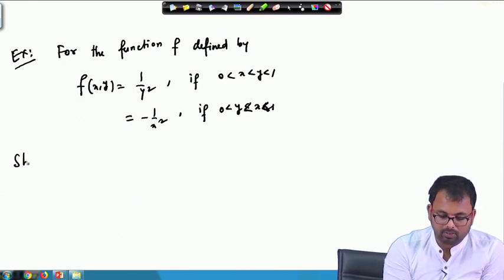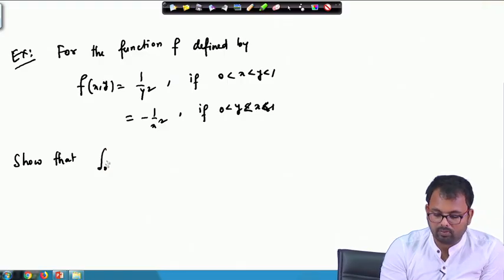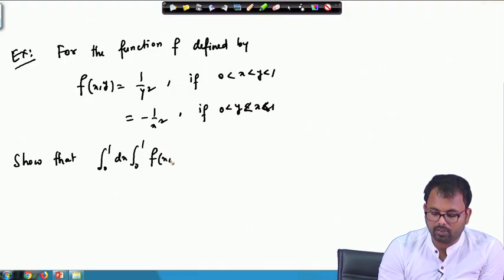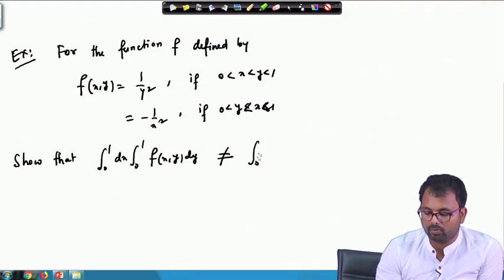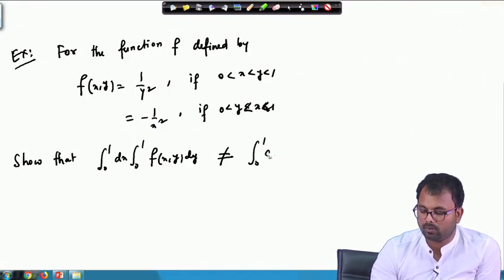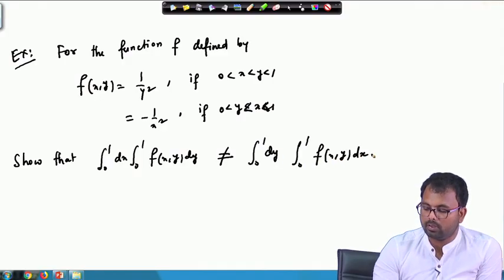Then show that integral from 0 to 1 dx integral from 0 to 1 f(x,y) dy is not equal to integral from 0 to 1 dy times integral from 0 to 1 f(x,y) dx.